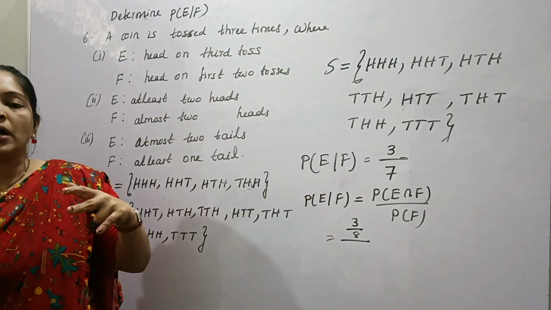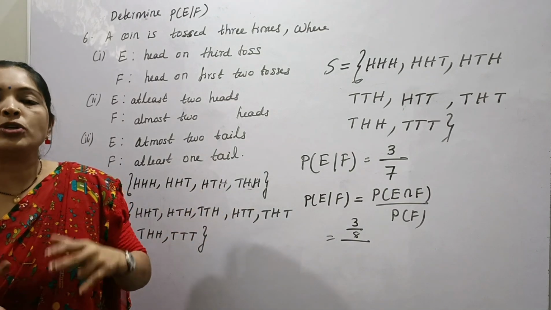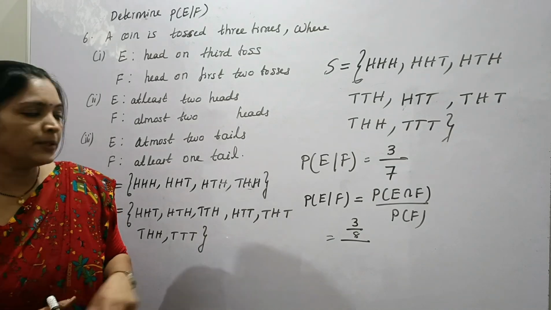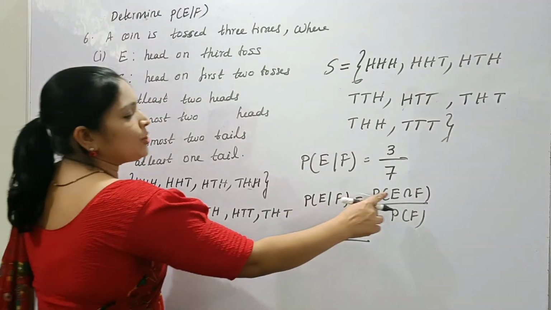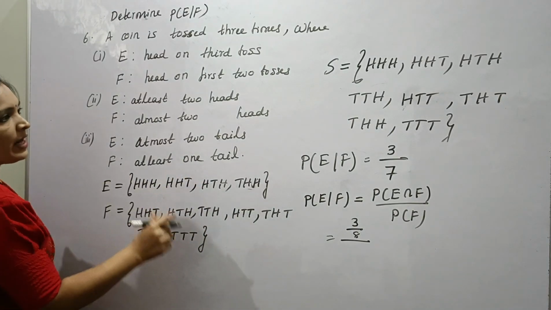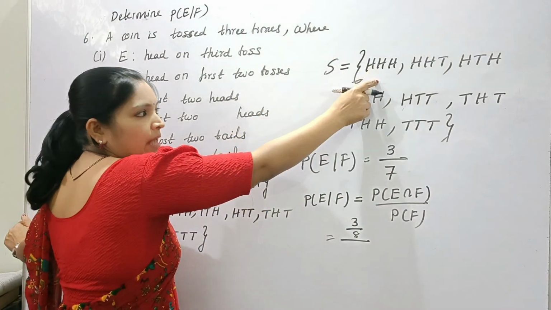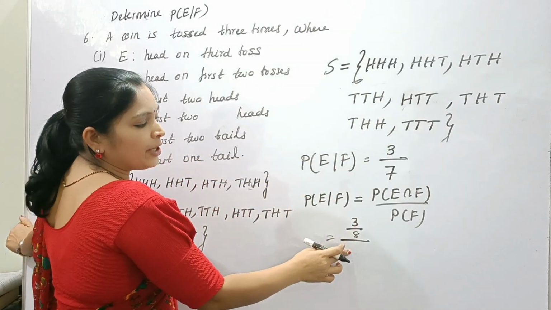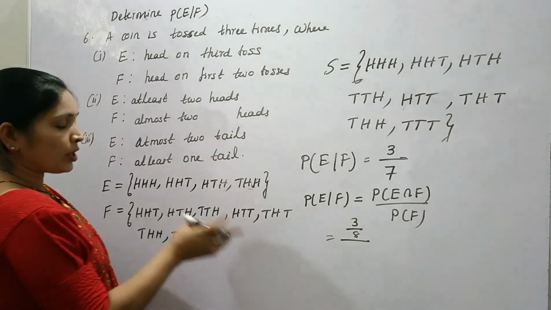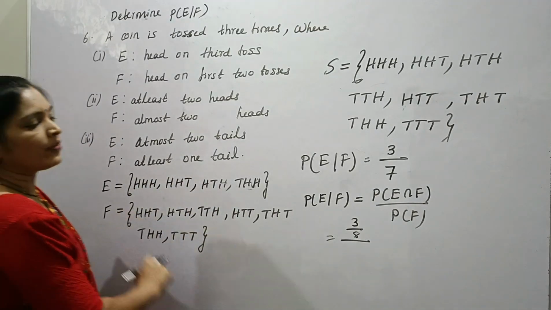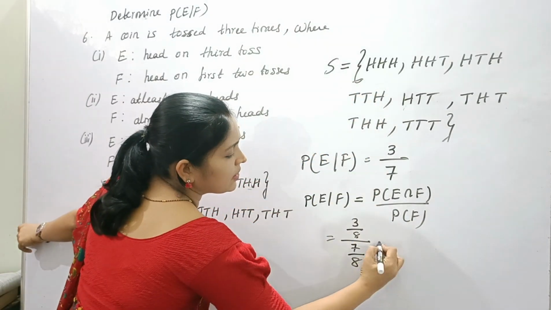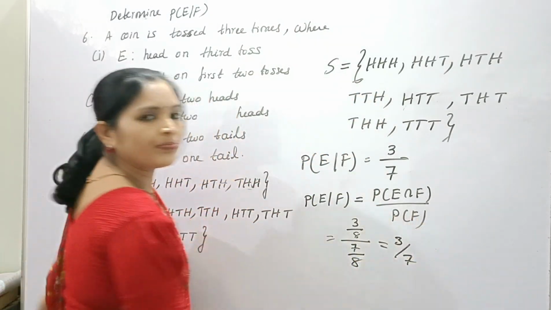Probability is the number of favorable outcomes divided by the total number of outcomes. So the 8 cancels, giving 3 by 7.